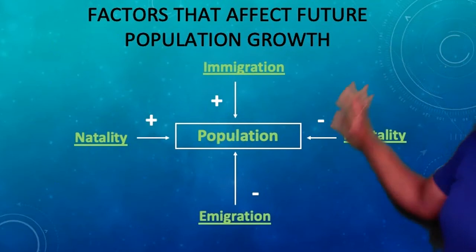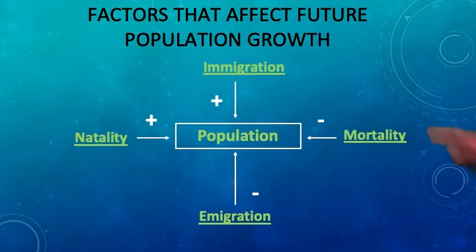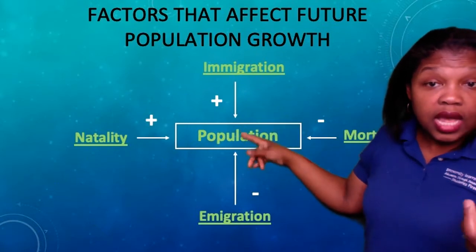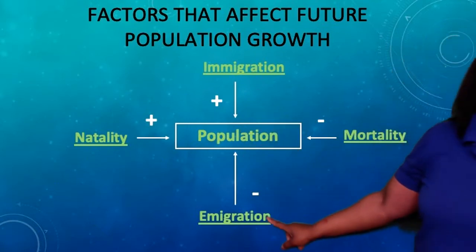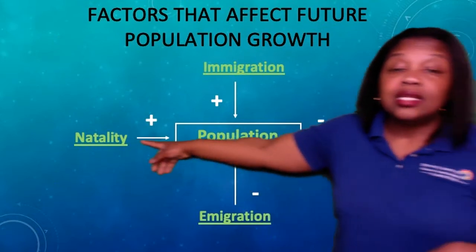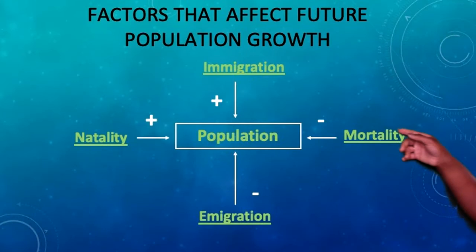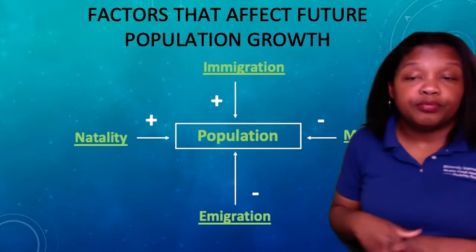All right. So factors that affect population growth. Immigration will add to a population, more people moving into an area. Emigration will take away because people are leaving the area. Natality, people being born, adds to a population. Mortality, people dying, takes away from the population.